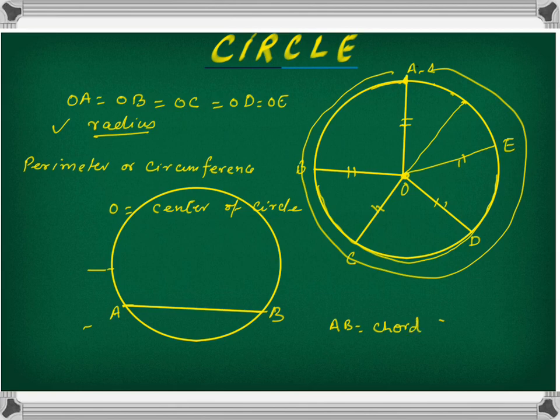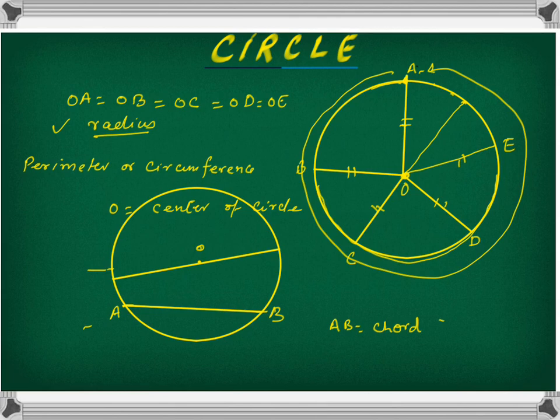Now we will talk about the diameter. So a chord which passes through the center of the circle, okay, this O is the center, okay. If I draw a chord that passes through the center of the circle, okay, this is called the diameter.